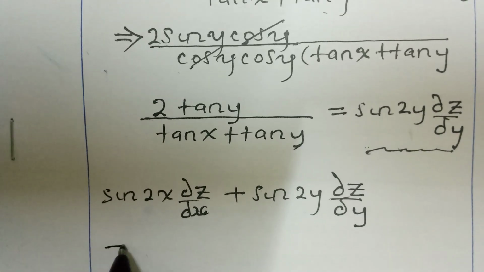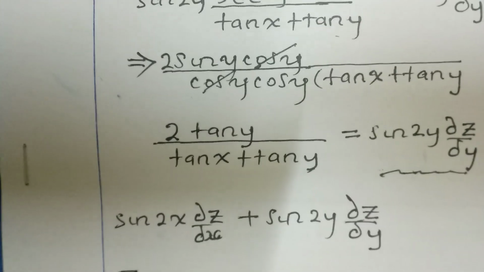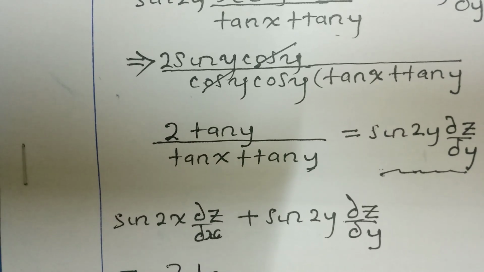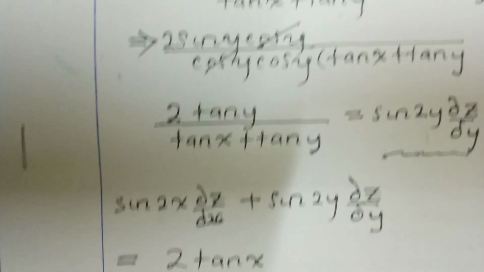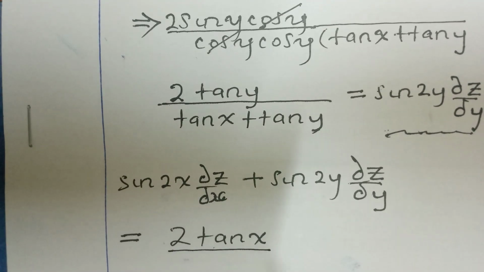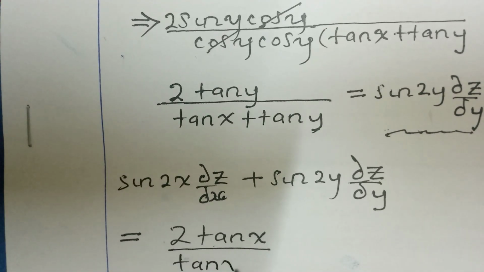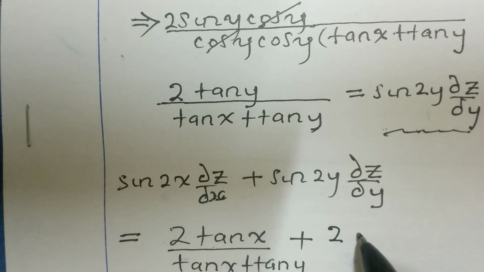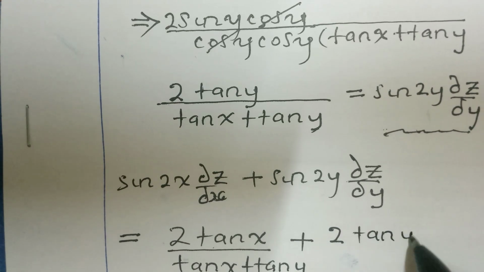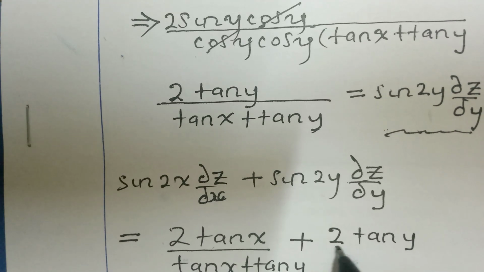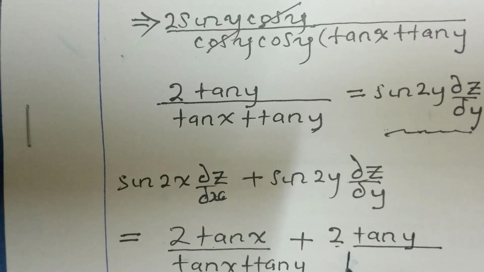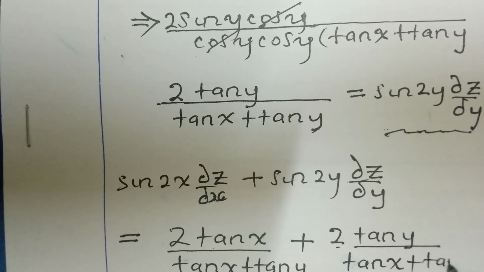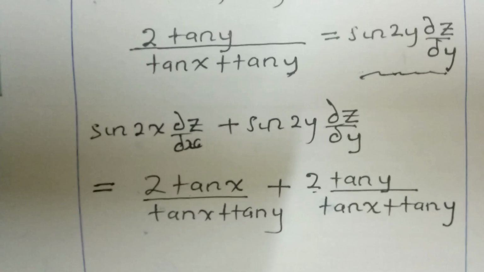This gives us, for the first case, 2 tan x all over tan x plus tan y, plus, in the second case, 2 tan y all over tan x plus tan y. So let's see what we shall get with that.